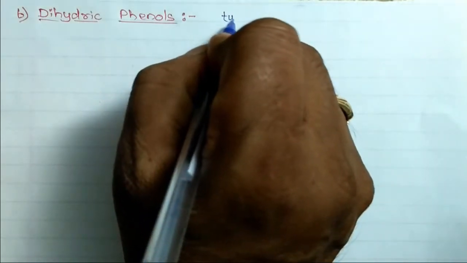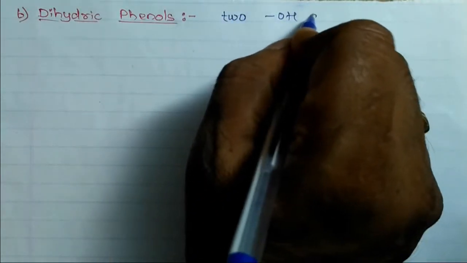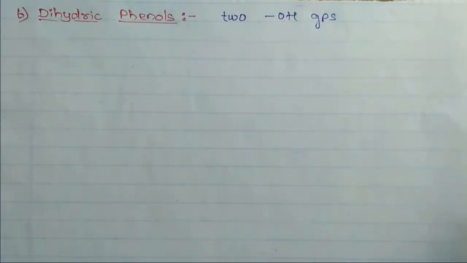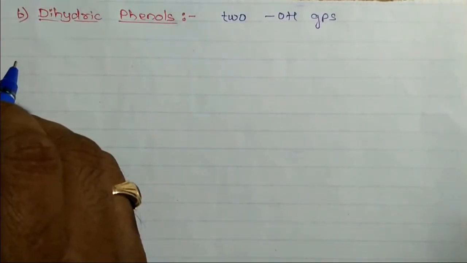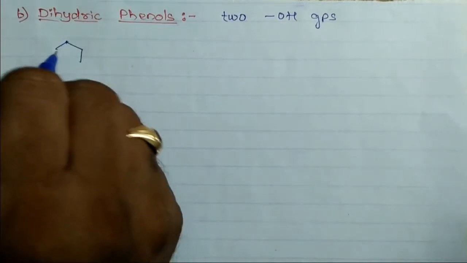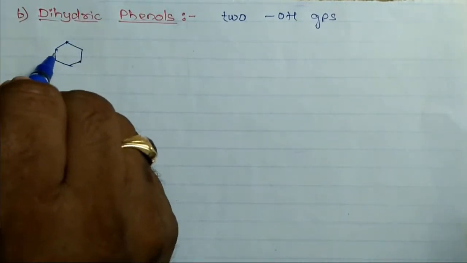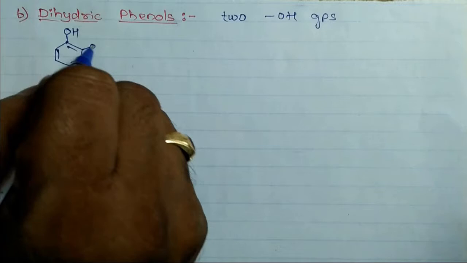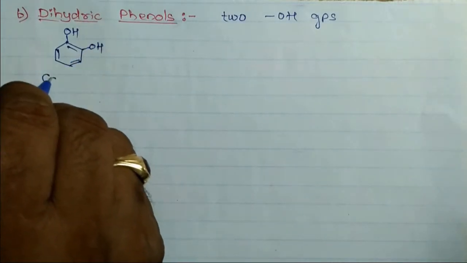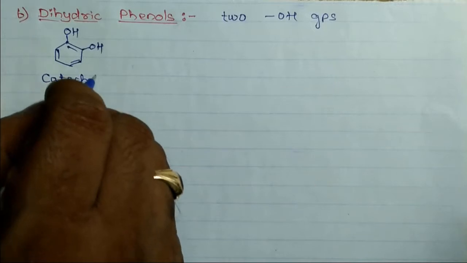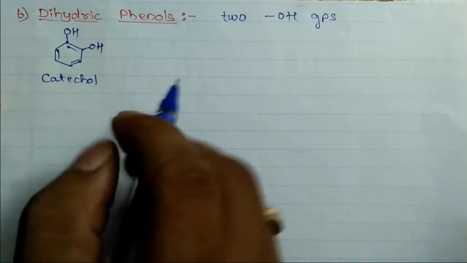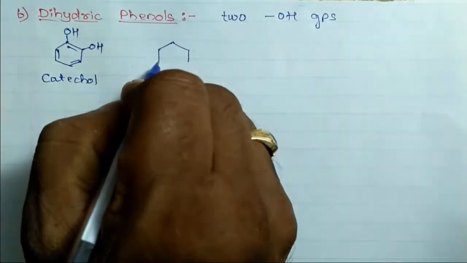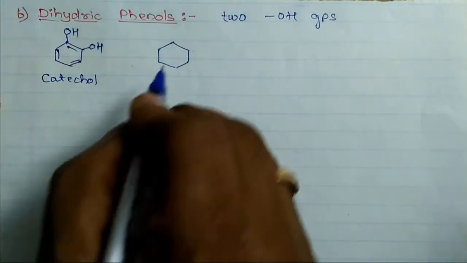Now we'll discuss dihydric phenols. Dihydric phenols contain two OH groups per molecule directly attached to the benzene ring. Example, catechol. The IUPAC name is benzene 1,2-diol.